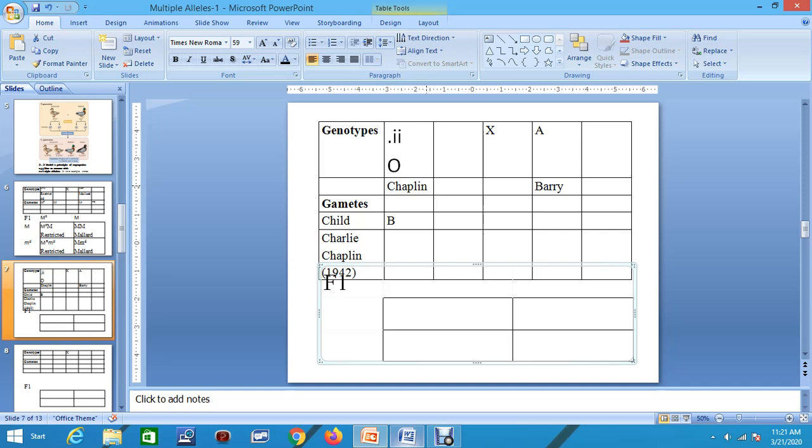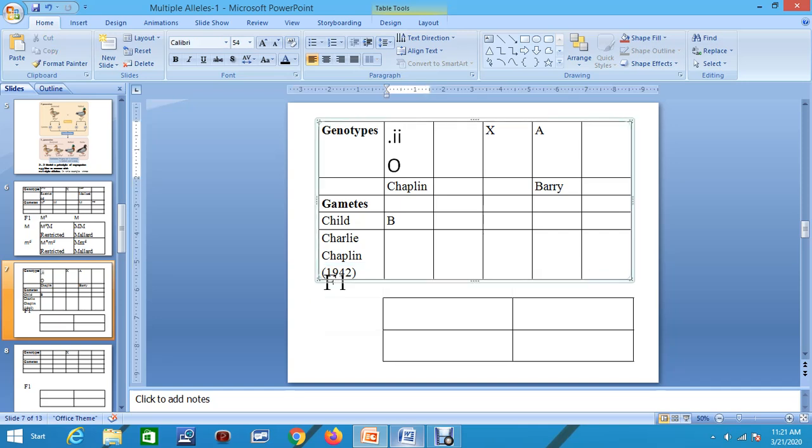If the person has O blood group, they will always have small i and small i. I'm adding a dot there because if I do not add a dot, it will be converted into capital I. And A blood group has two possibilities, either IA IA or IA and small i.